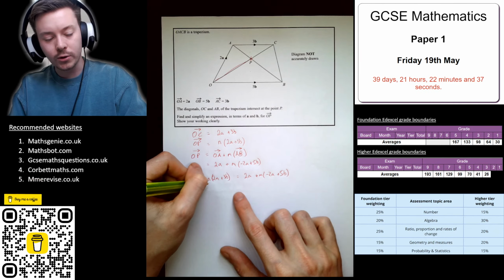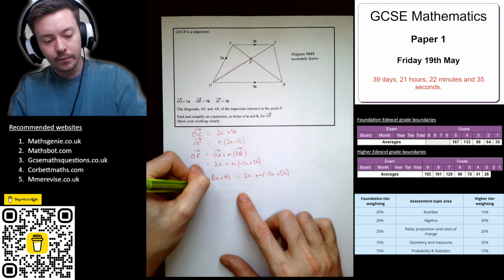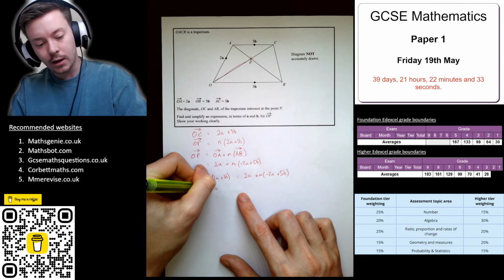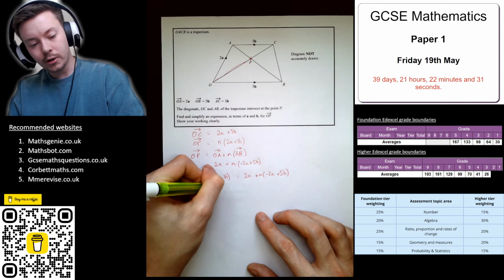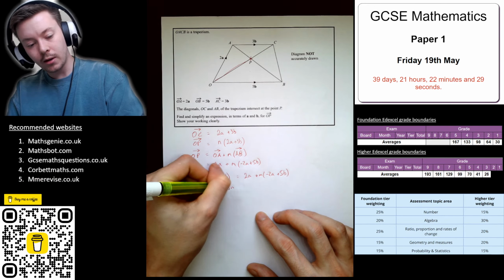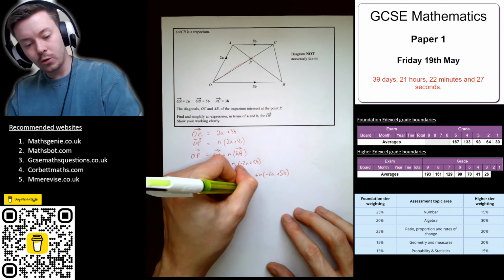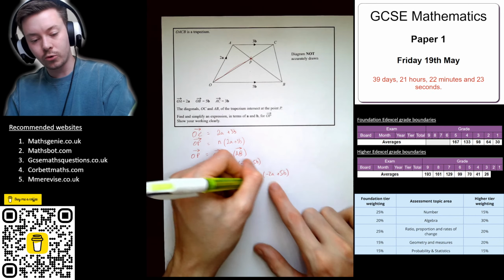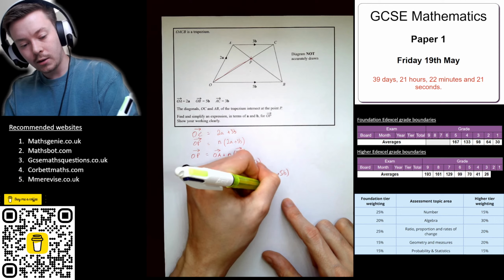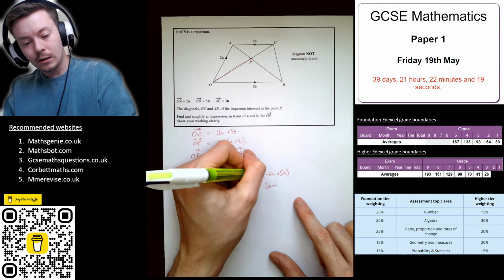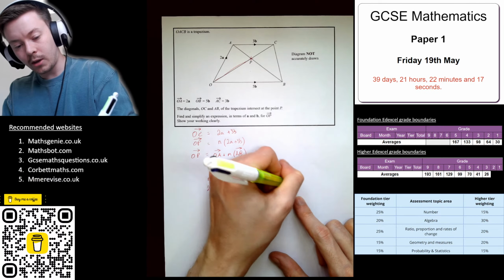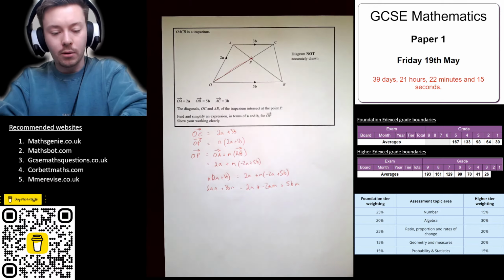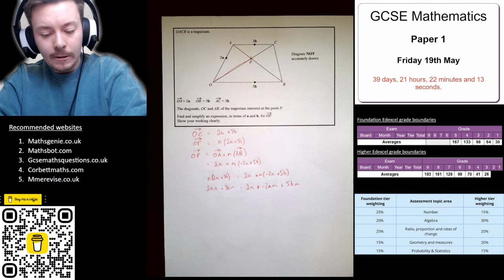What I first of all need to do is expand this. So I'm going to get 2AN plus 3BN is equal to 2A plus, actually this is going to be subtract 2A times M, and then plus 5B times M. Now what we can do essentially here is make two equations.